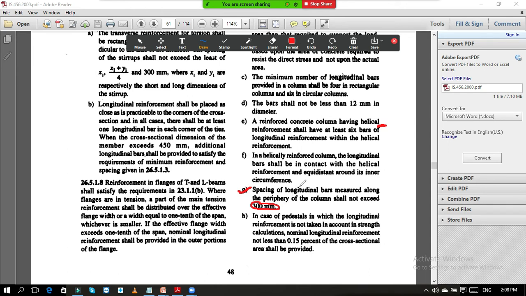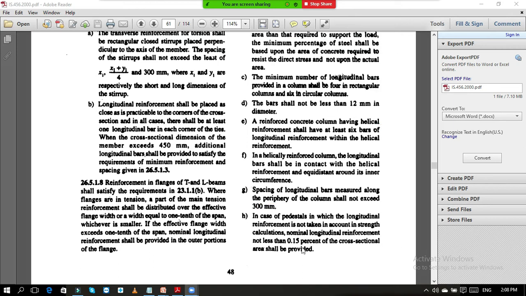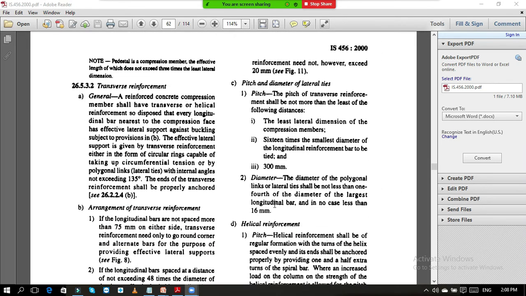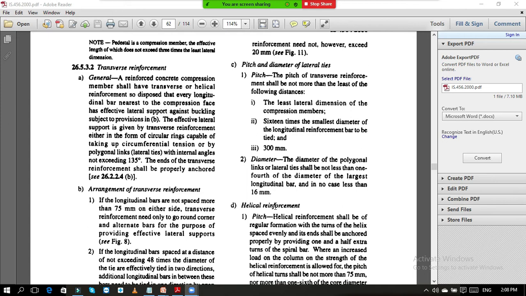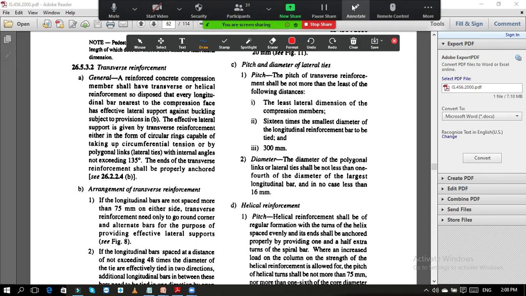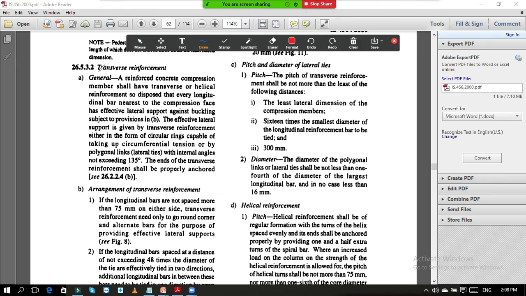Now next, here they have given the clauses for the transverse reinforcement. In the transverse reinforcement, there are links, and links means stirrups.